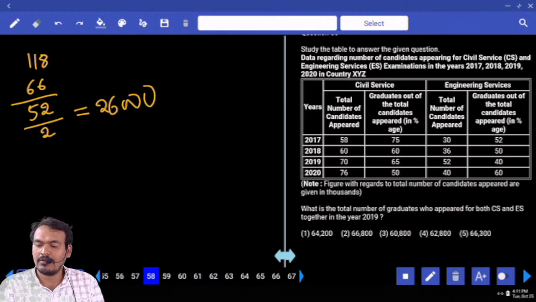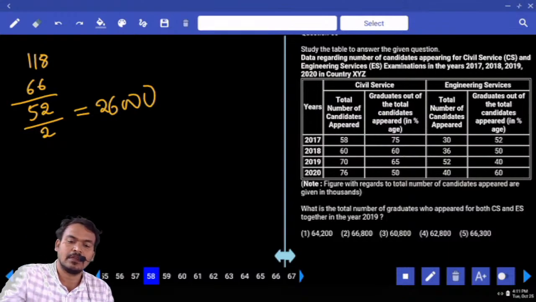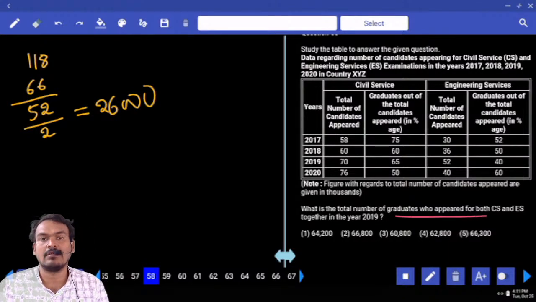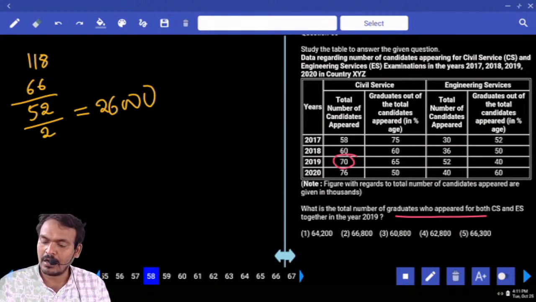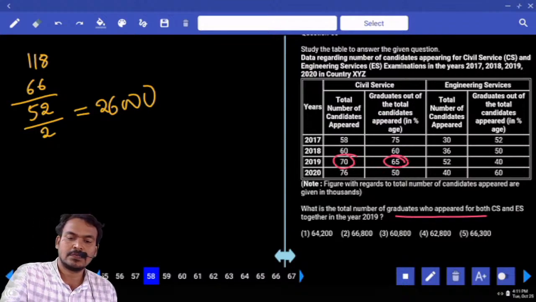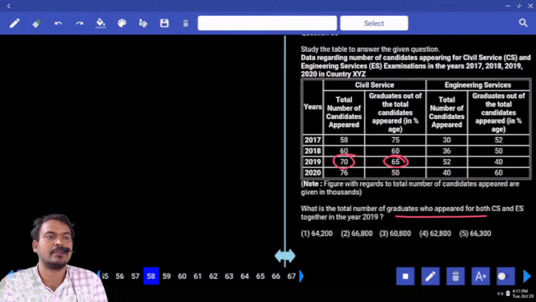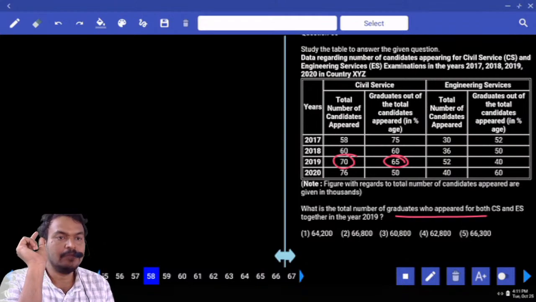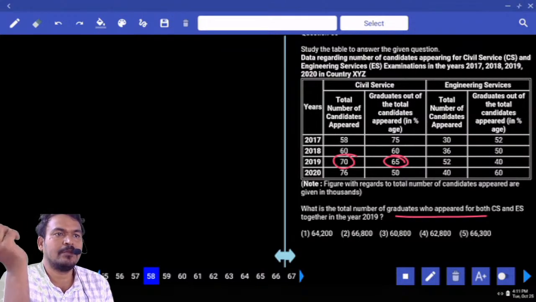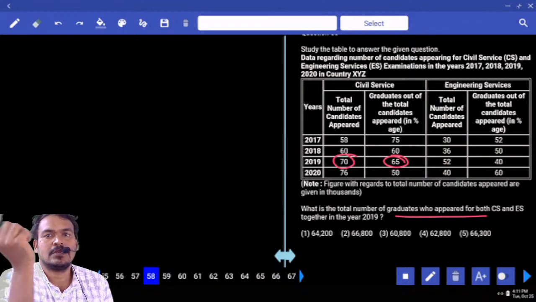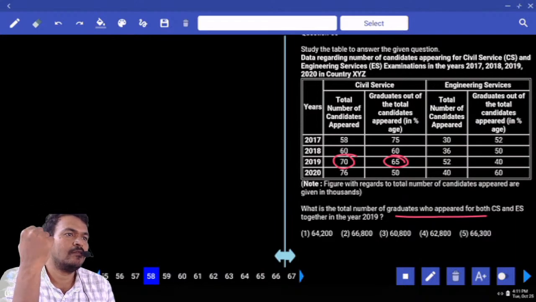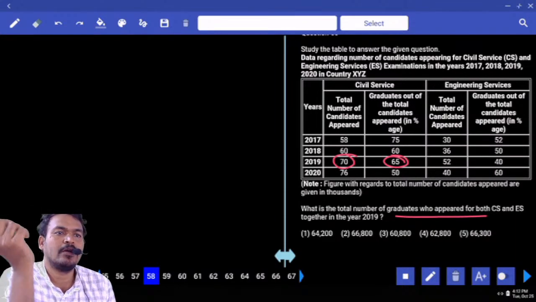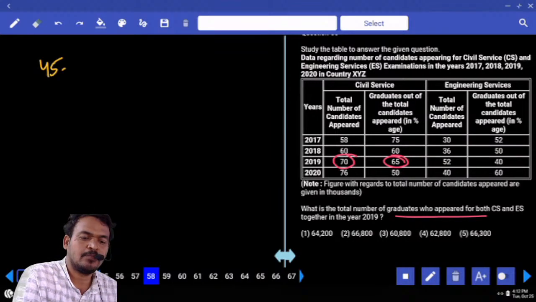Next question, number 58. What is the total number of graduates who appeared for both CS and ES together in the year 2019? We require the graduates value. In 2019, out of 70, 65% are graduates. 10% of 70 is 7, so 65% means 7 into 6.5: 7 times 6 is 42, 7 into half is 3.5, so it is 45.5.